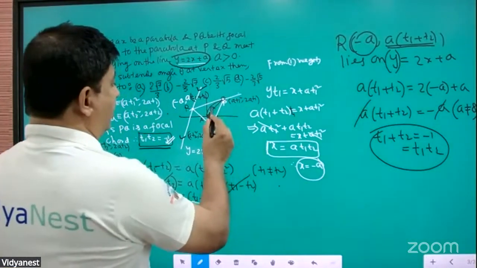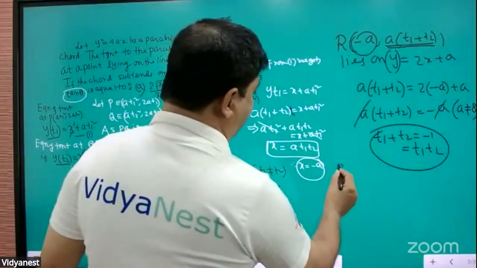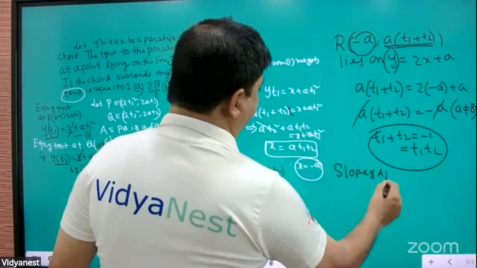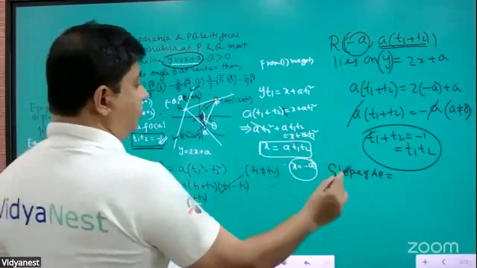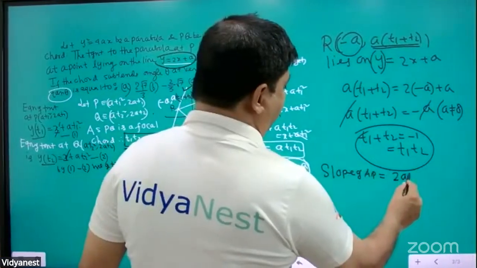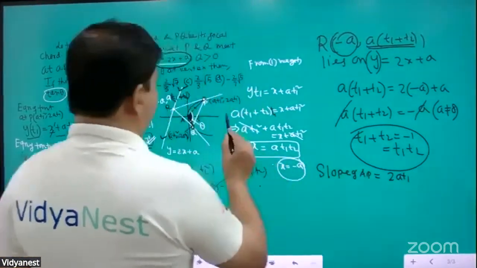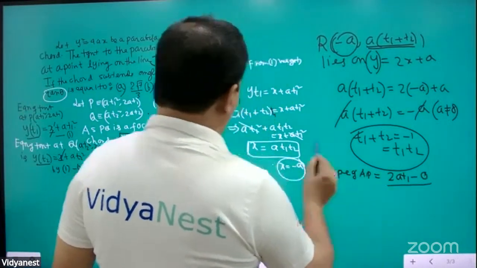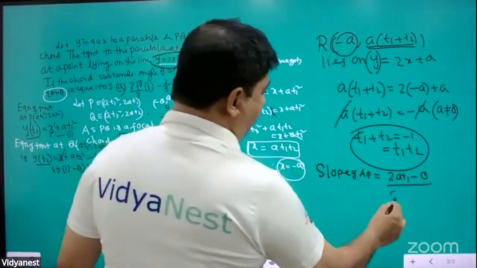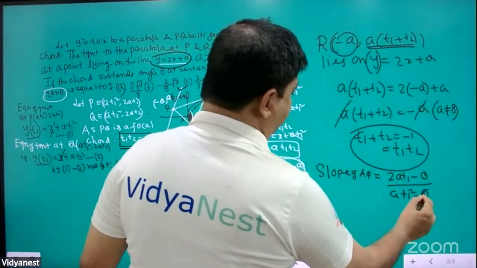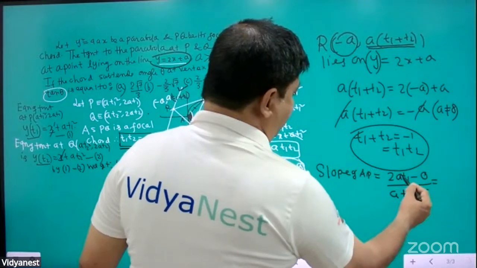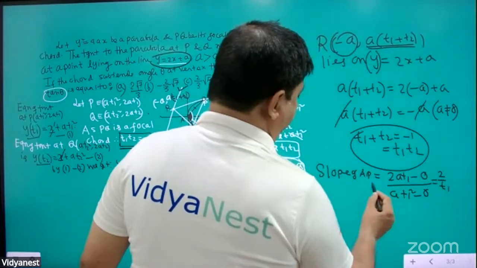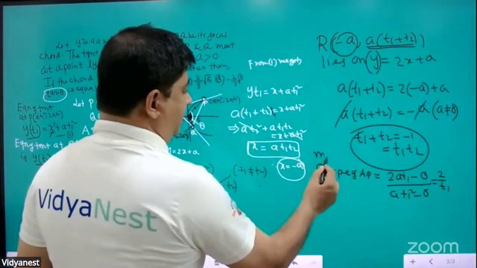Take the slope of AP: y1 minus y2, 2a minus 0 in the y component, by x1 minus x2. To reduce the calculation, a will get cancelled: 2 by t1. The slope of AP, I am letting this be M1.